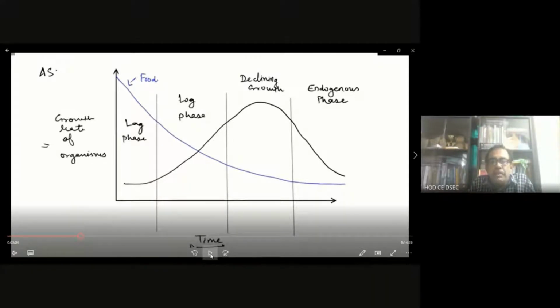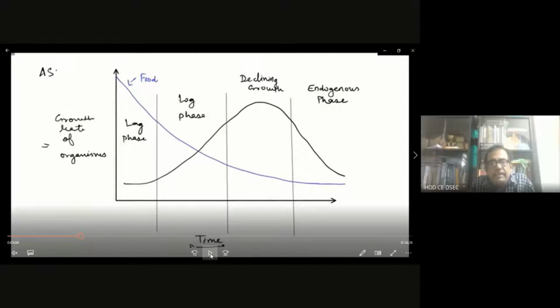You can see it is drawn in black color, and simultaneously the food, the substrate, the organic matter which is consumed by the bacteria, is shown in blue color. So as the biomass is showing an increasing trend, the blue curve is decreasing. That means the substrate is consumed by the biomass, so the food is decreasing and the biomass is increasing. Now there are four phases.